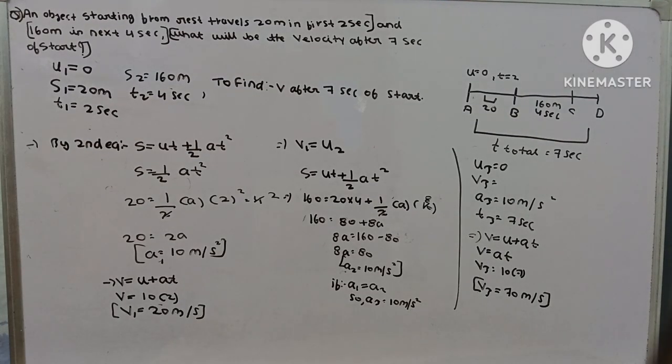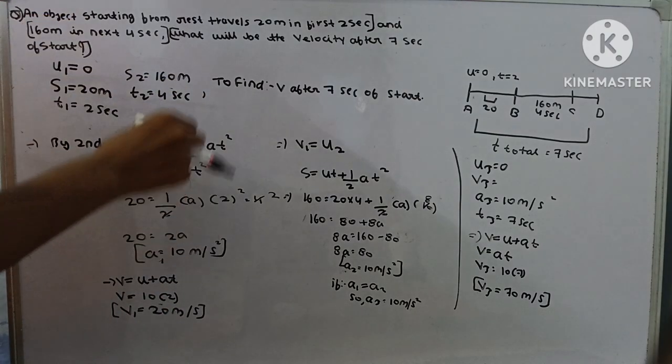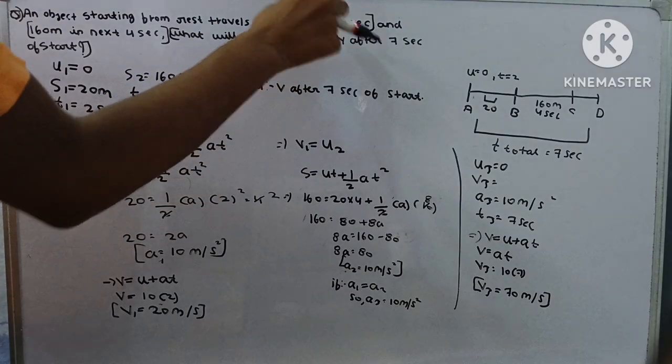I know that this question is very complex and very lengthy and we have to use our brain here. But if you practice this question, nothing is difficult, right? So what we have done, first of all, we did the first case. The first case says that u is 0, s is 20 meter and t is 2.